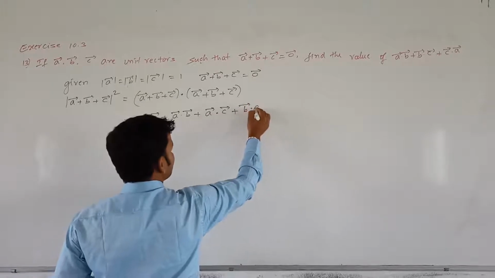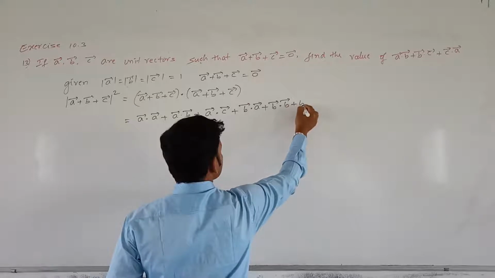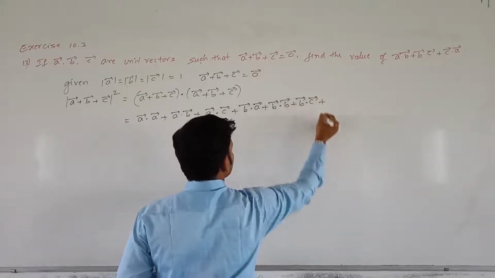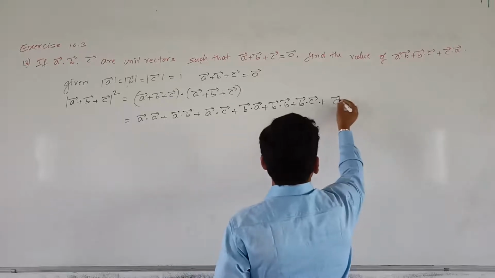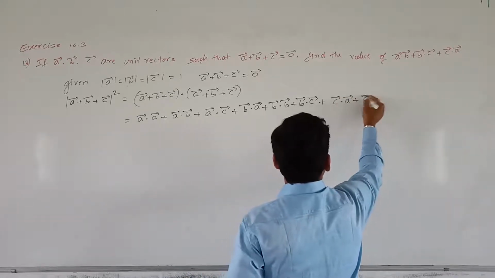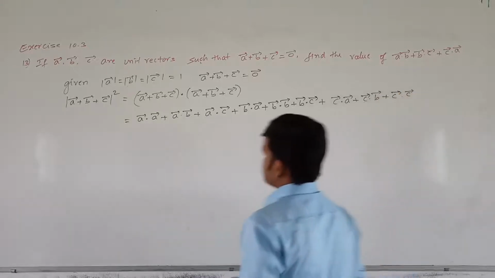This will be B dot A plus B dot B plus B dot C. Next, plus of C will take dot product with these three. C dot A plus C dot B plus C dot C.